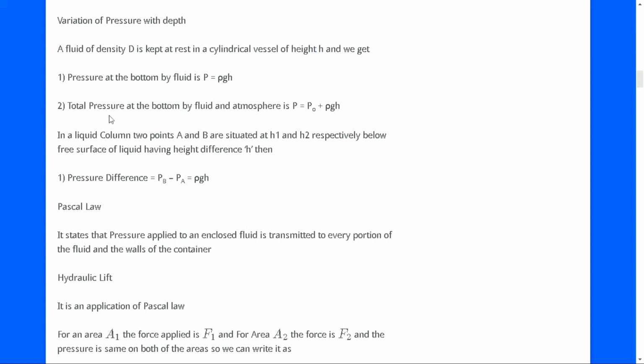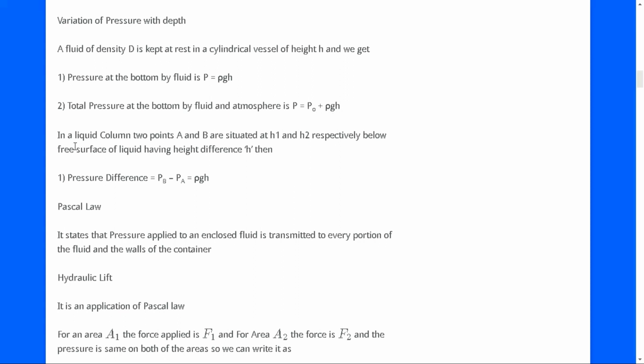Total pressure means the pressure at the bottom by liquid and by the atmosphere, that is P0 plus rho gh.